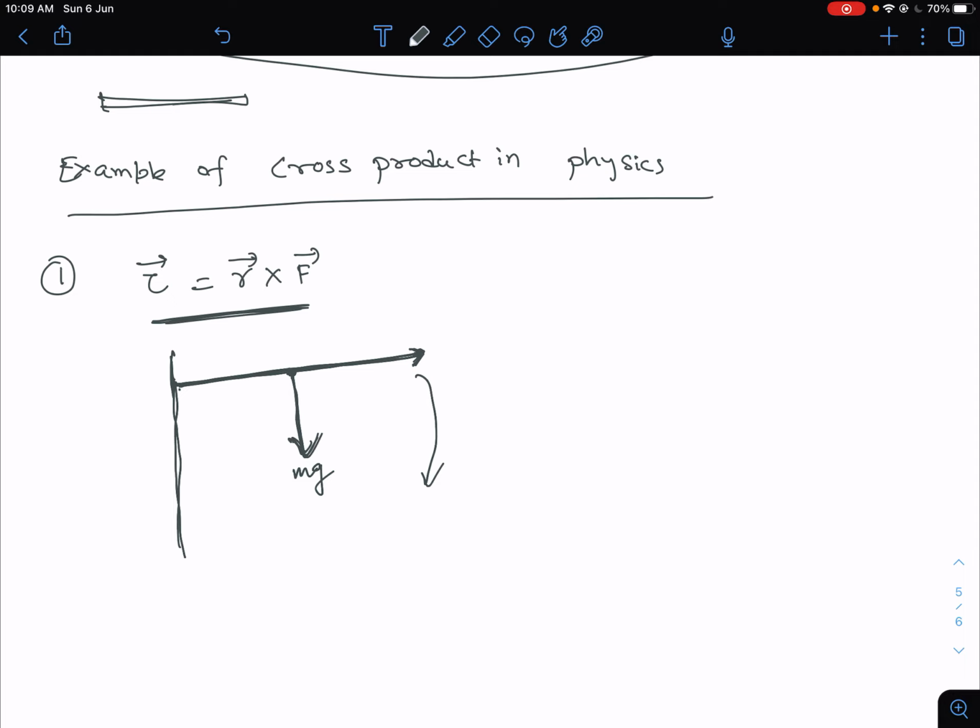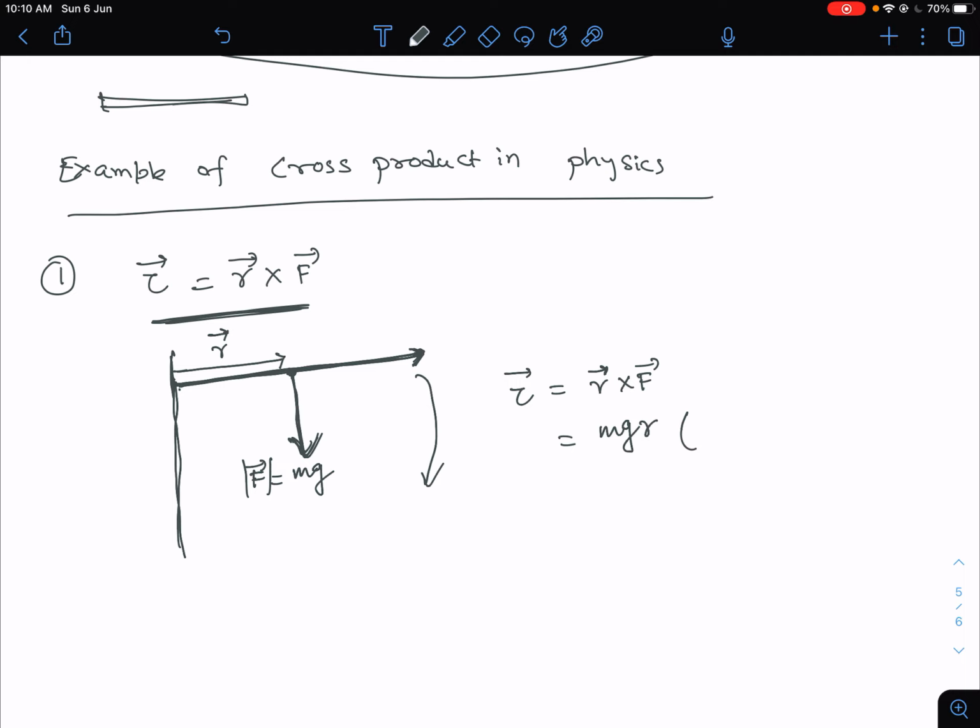If the position vector of the center of mass is r, the torque acting on the stick is R cross F, that is mg r. And what is the direction of the torque?